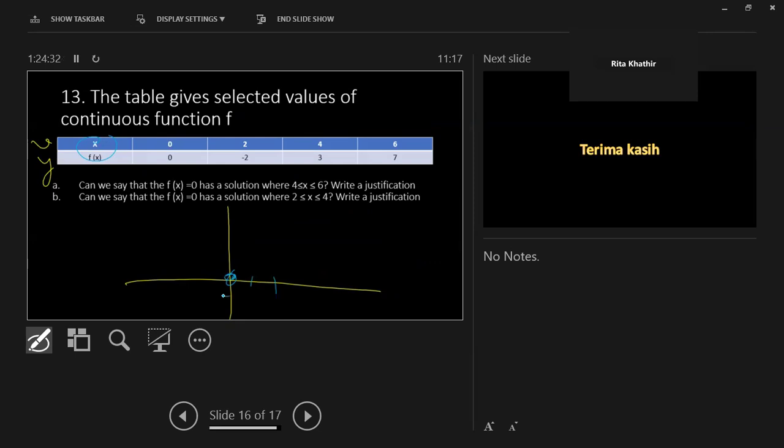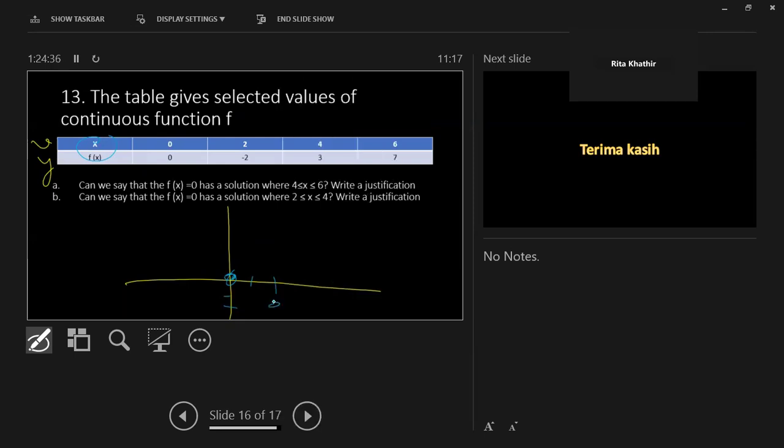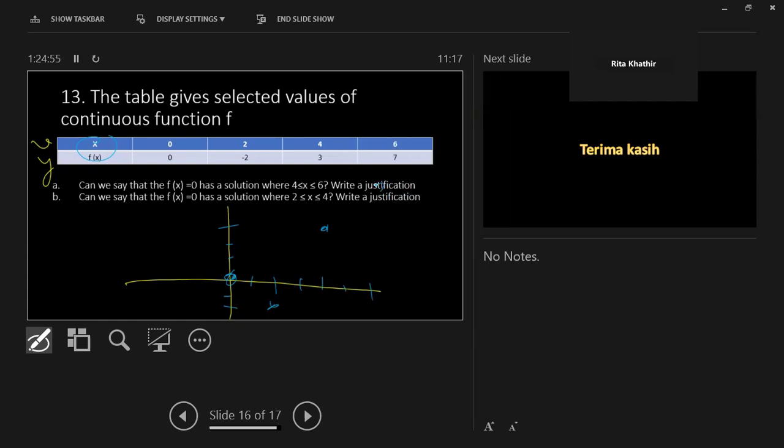Okay, -2 is here. And then 4, 3, 4, but 3, 2, somewhere here. And 6, 5, 6, 7, somewhere here. So you can make the model like that.